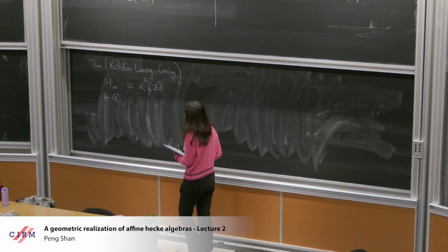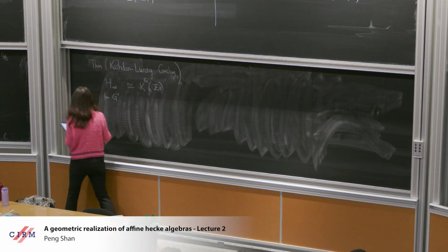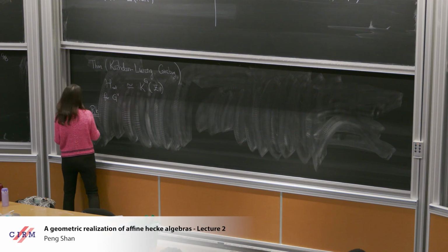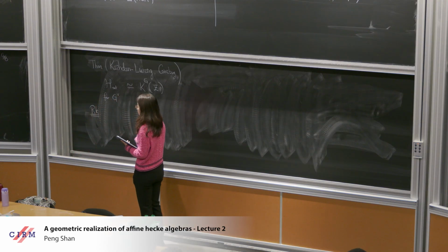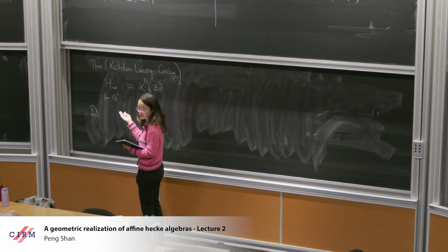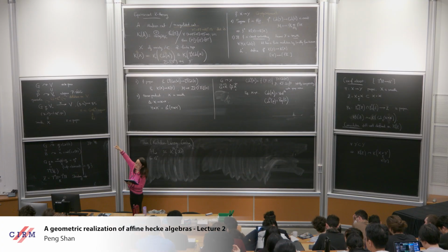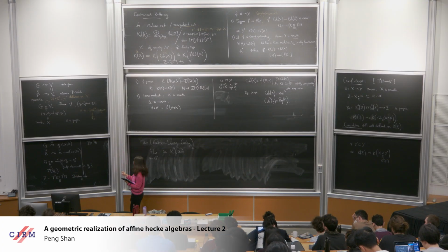But before going on, I want to make a remark that actually in geometric representation theory, there's a full variety of Hecke algebras which can be realized in this way just by choosing G, V, P, and V0 carefully.